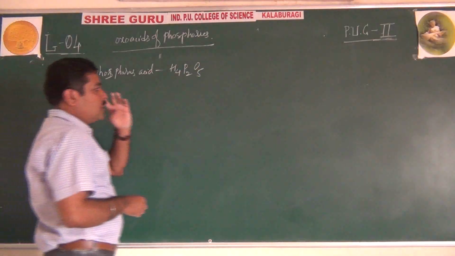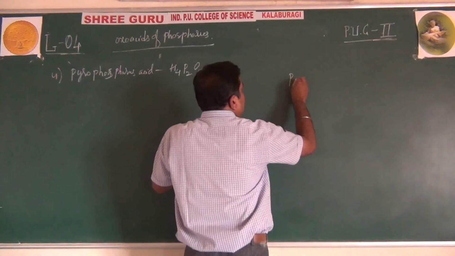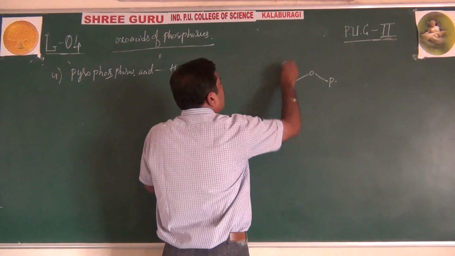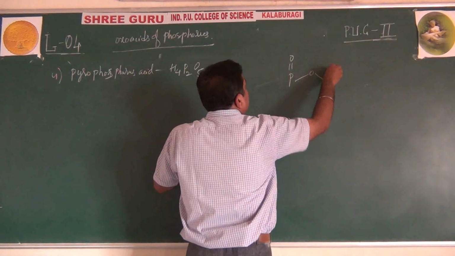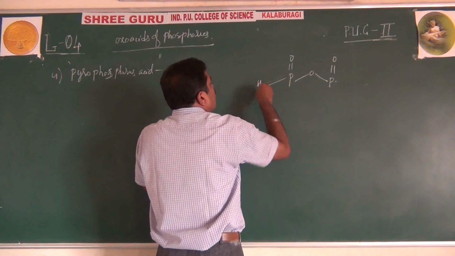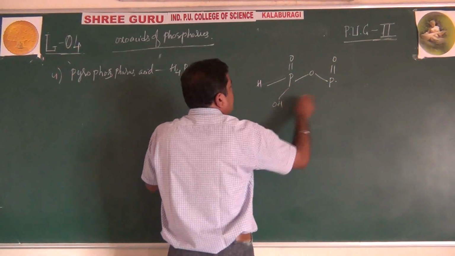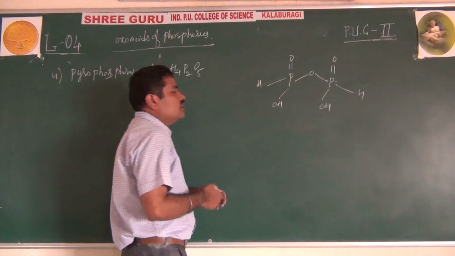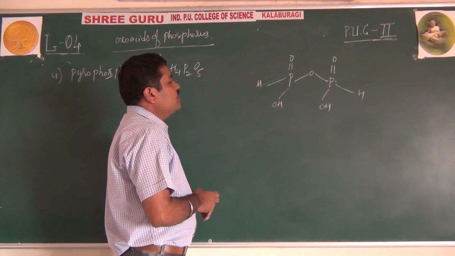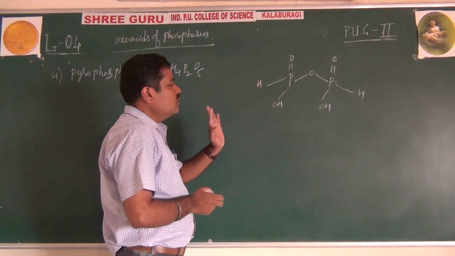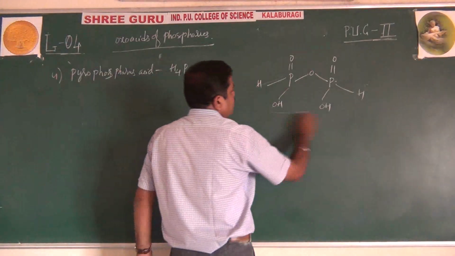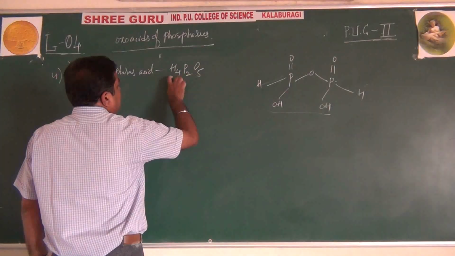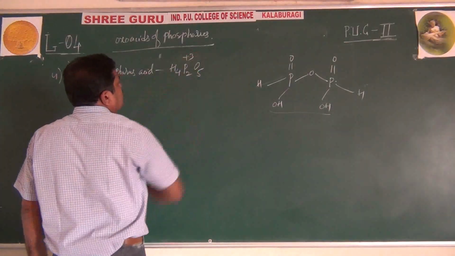Remember the example: there are two phosphorus atoms attached by one oxygen. Here, one double bond O, one double bond O, PH, POH, PH and POH. See, H4 and P2O5. And this is dibasic. Here the oxidation state is +3 and +3.